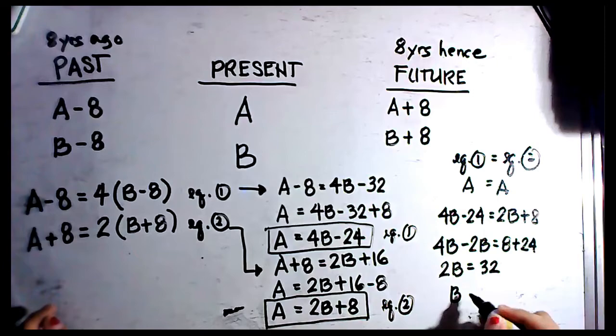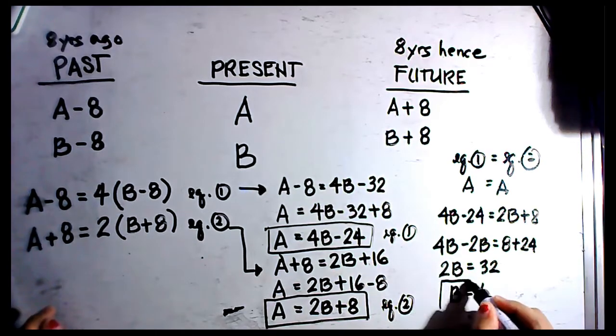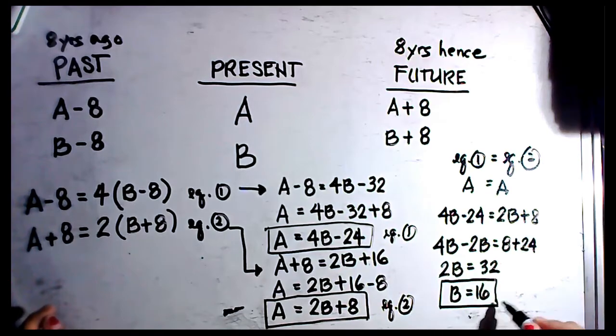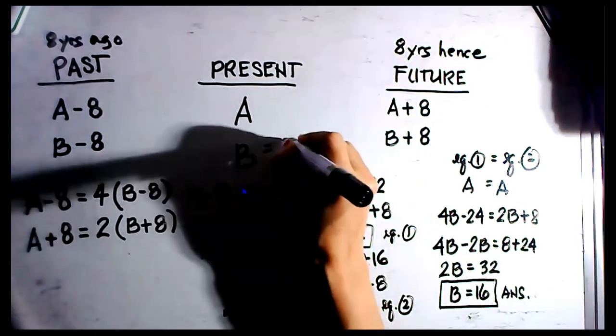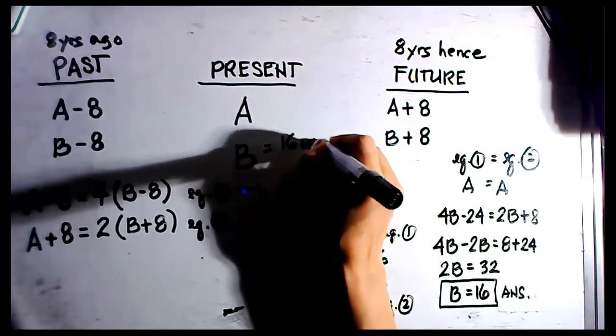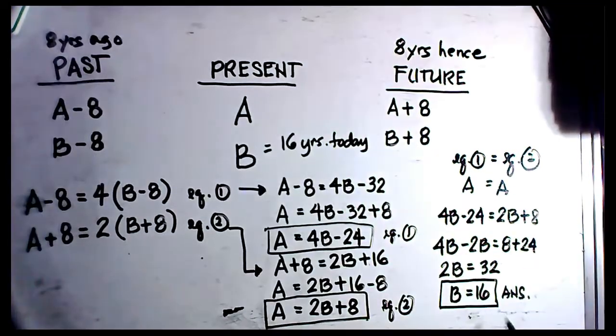So that means B is equal to 16. The question is, how old is B now? That would answer the question. B is 16 years old today, and that is our answer.